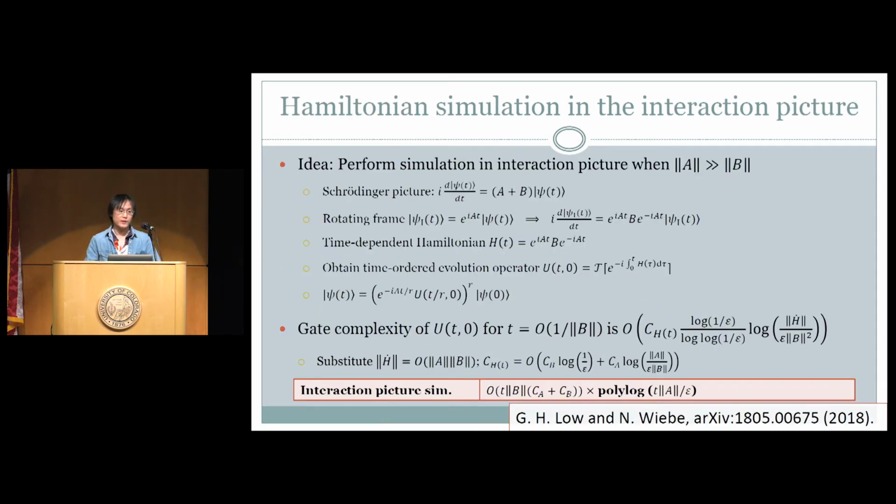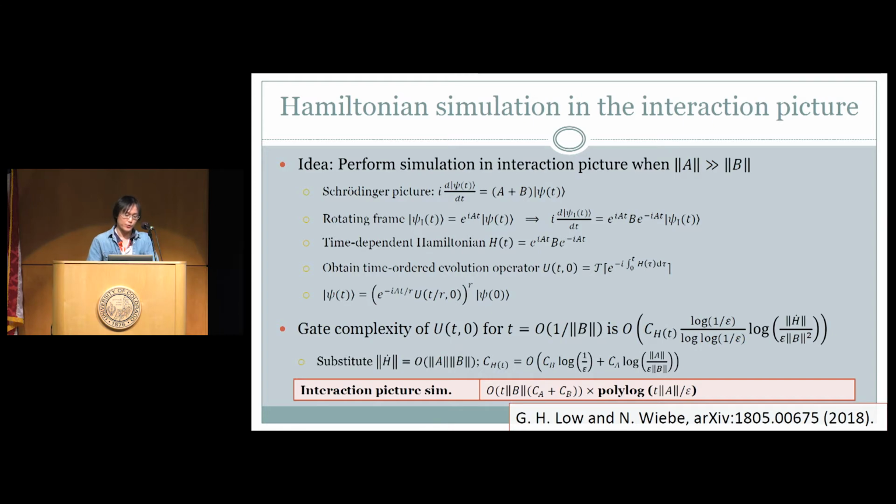So this time-dependent simulation algorithm is what we use for the interaction picture. Instead of the Schrödinger picture, where we have a time-independent Hamiltonian, let us use some kind of prior knowledge about the structure of the Hamiltonian. We know that one of these terms is enormous. That's the A term. So let's factor that out. That seems like a good idea. And that's basically the interaction picture.